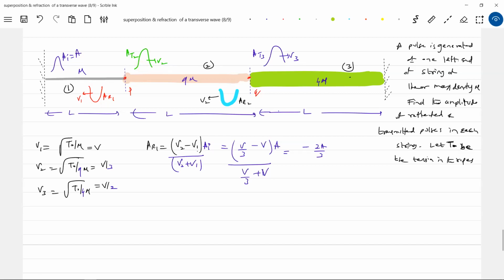We'll go for the amplitude of the transmitted pulse in the second medium. So AT2 should be equal to 2V1 by V2 plus V1, into A. Now V2, what is V2? V by 3. Sir, AR1 should be minus A by 2, na, sir? You get A by 2. Minus 2 by 3, 2 by 3, A by 2 will come.